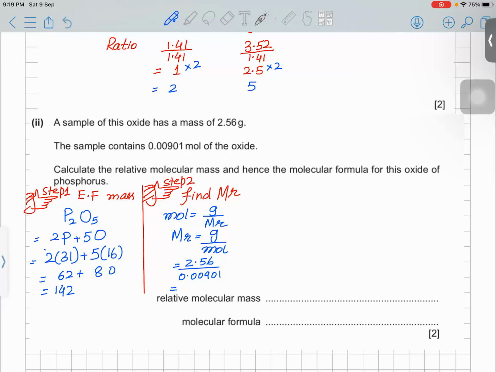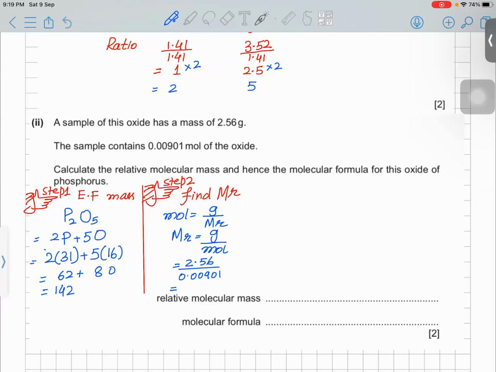Sir, what did you do in this? Mole is equal to gram divided by MR. So in the second step, you will find MR, relative molecular mass. So you have gram divided by mole.